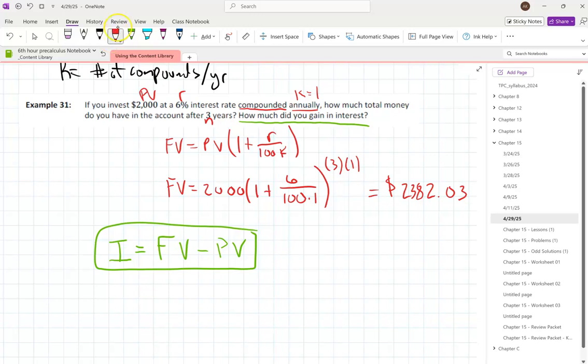So in general, regardless of what situation we're in, compound interest or simple interest, if I take the future value and subtract off the starting value, that difference is just going to be the amount of interest paid, right? So in this case, $382.03.